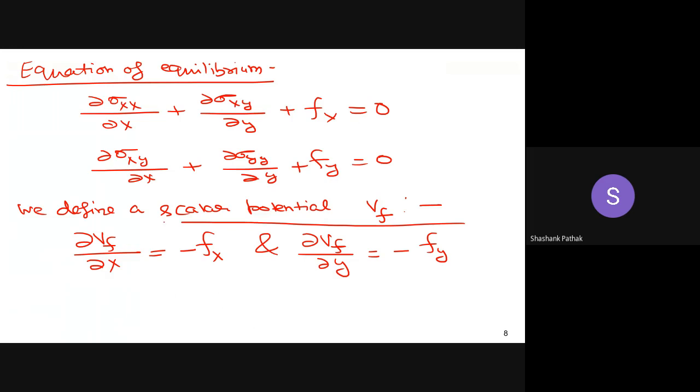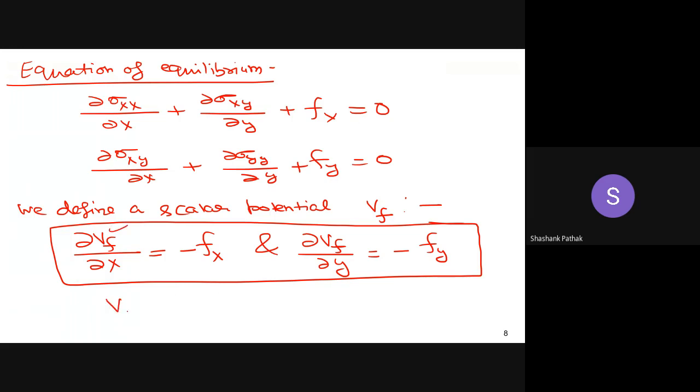That's how body forces are defined in terms of scalar potential. It means that this scalar potential will be a scalar function of x and y. That's how you define the body forces when you solve using the Airy stress function approach.